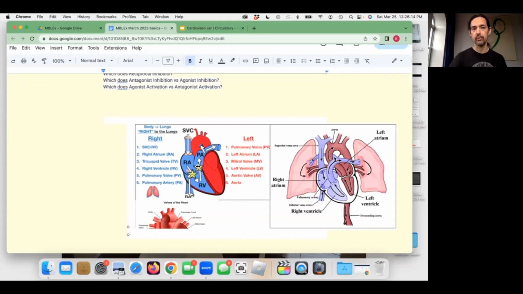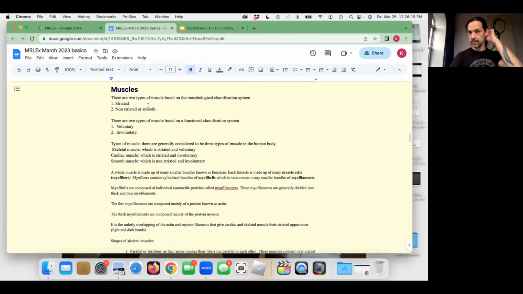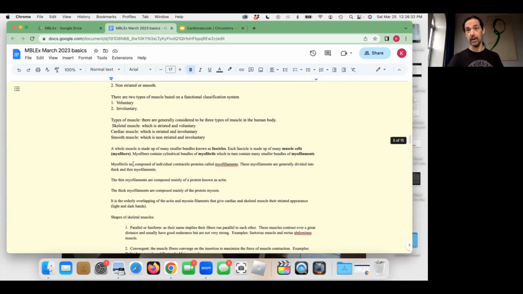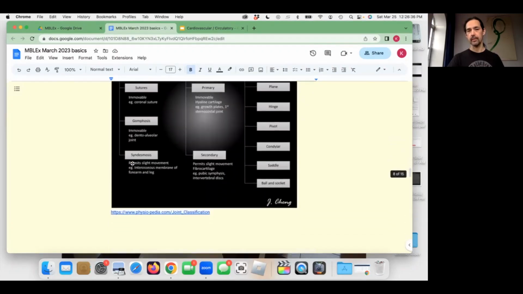You can enlarge that pretty easily. There's a section called muscles, and this is a summary of the basic stuff about muscles that you should review regularly, because I think you need to know this. Now, this isn't everything. It's not comprehensive. It's just a bunch of stuff that I think you should know. And below that is joints.